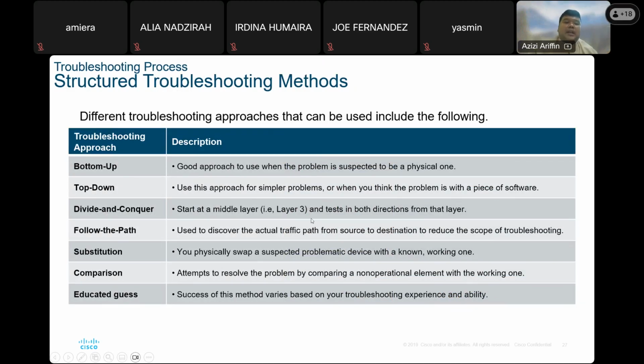We start at the middle layer and we test application and network problems, or we follow the path, substitution, comparison, and educated guess, right? For educated guess, if you have a lot of experience, or if your peers have a lot of experience, sometimes by learning the symptom, they can already know, based on their experience, and say, okay, I have had this issue before, maybe this is what the problem is, right?